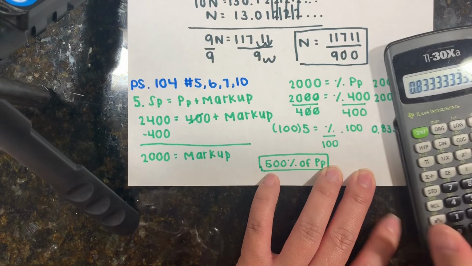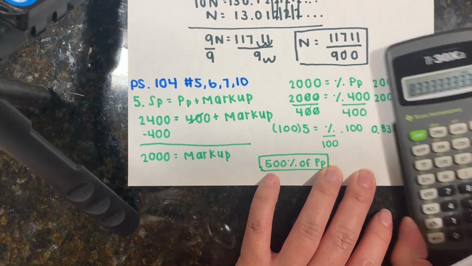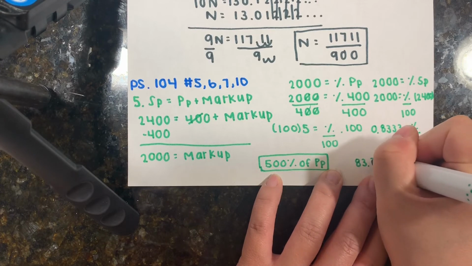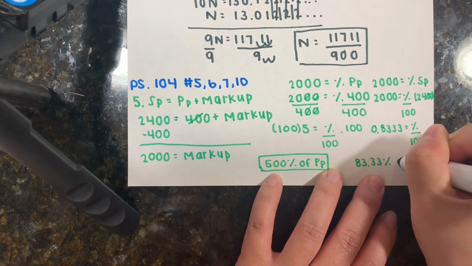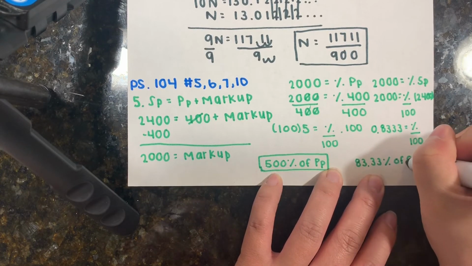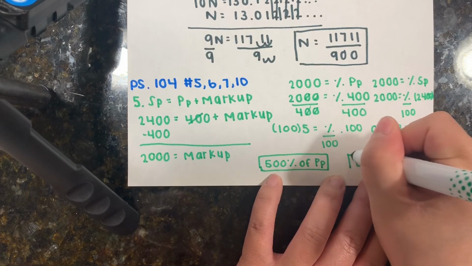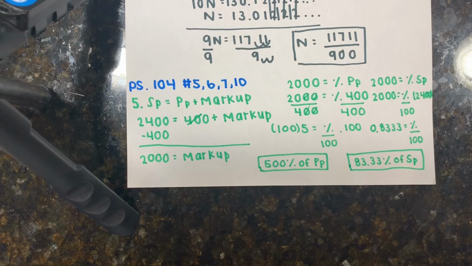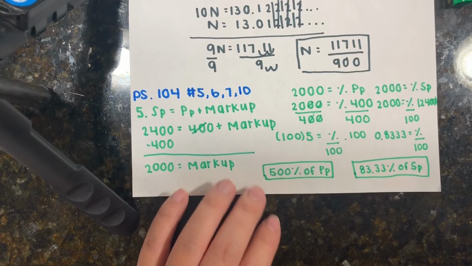And then when I multiply that by 100, I get 83.33% of the selling price. And that would be your result for number 5. So number 5 is a little trickier than the ones that we have been doing. So it is something that you probably needed to just watch the video for.